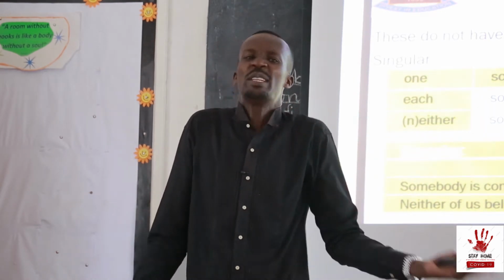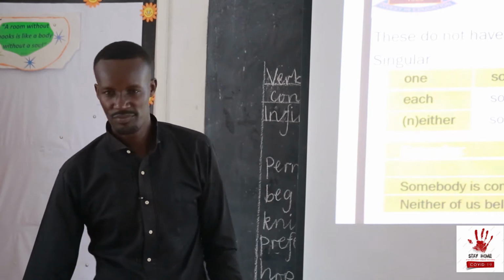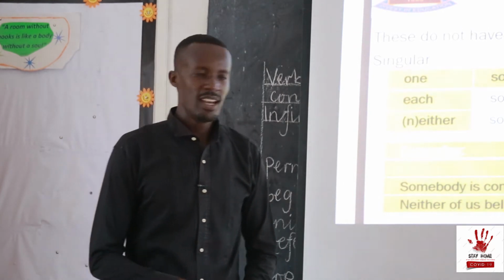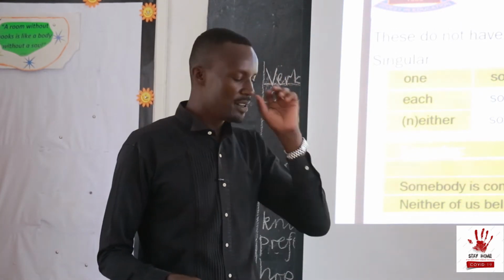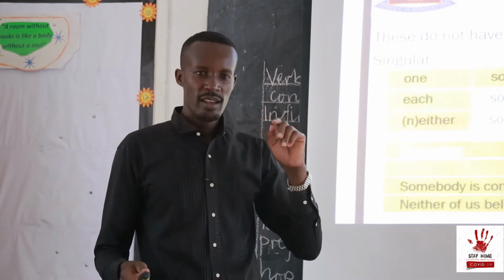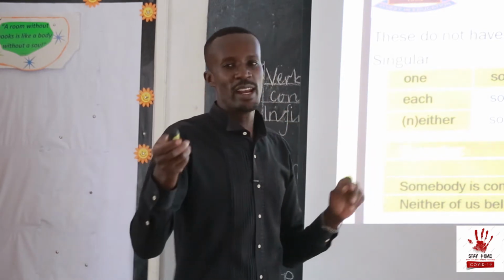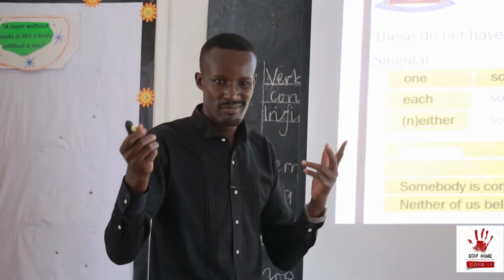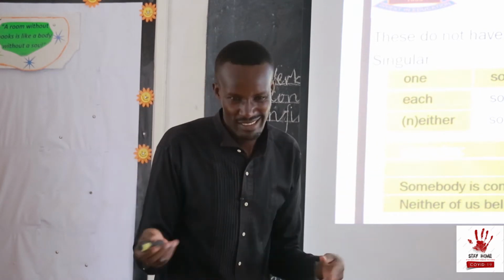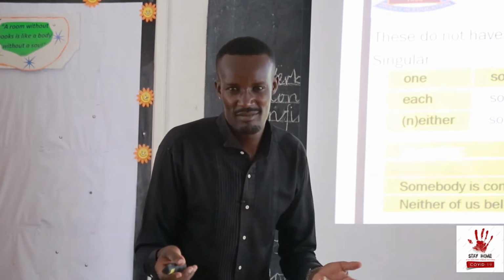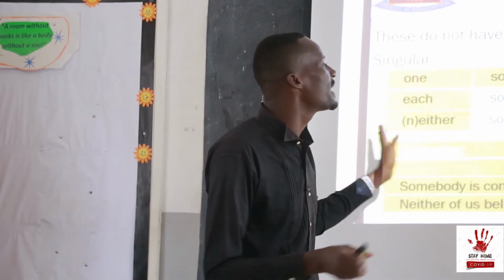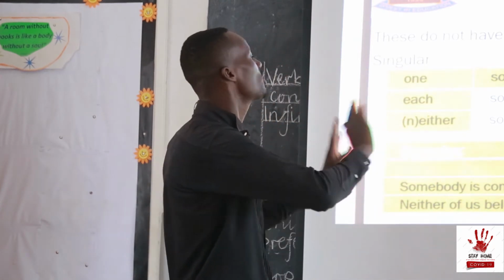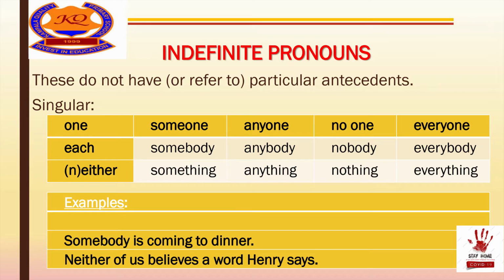Because now who is someone? What does it mean? If I say, is there anyone? You may choose to say, I'm not anyone. So it is just indefinite. It is not defined.